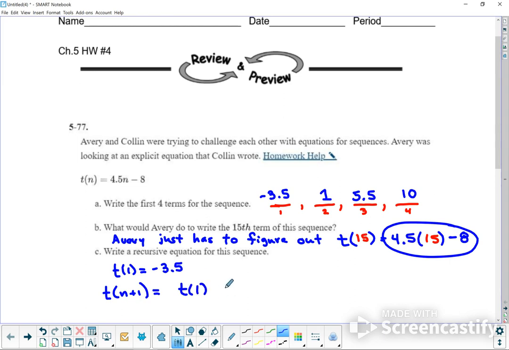And then we figure out what the pattern is. How do you go from this to this, or 1 to 5.5, or 5.5 to 10? The easiest for me is 1 to 5.5. It looks like I'm adding 4.5, and it tells you right there. So all of these are adding 4.5. So it'd be T of n plus 4.5. Whatever the term was before, all you're doing is adding 4.5 to it.